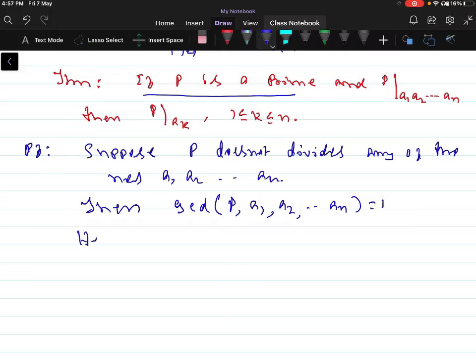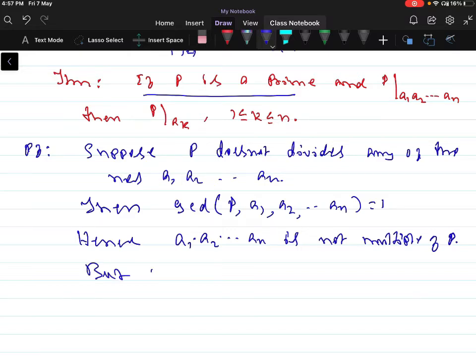Hence a1 into a2 into and so on an is not a multiple of the number p, but that is a contradiction, because a1 into a2 and so on an is a multiple of p.